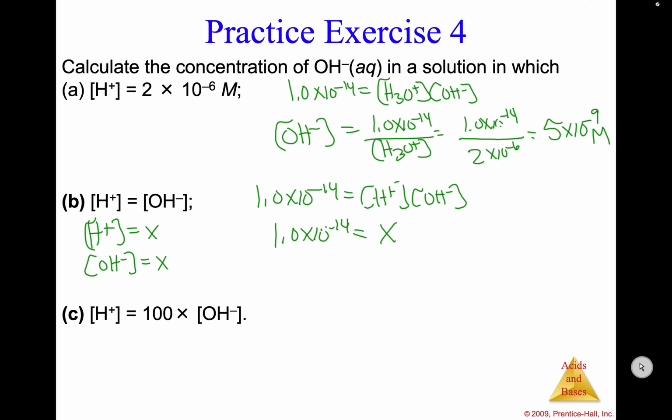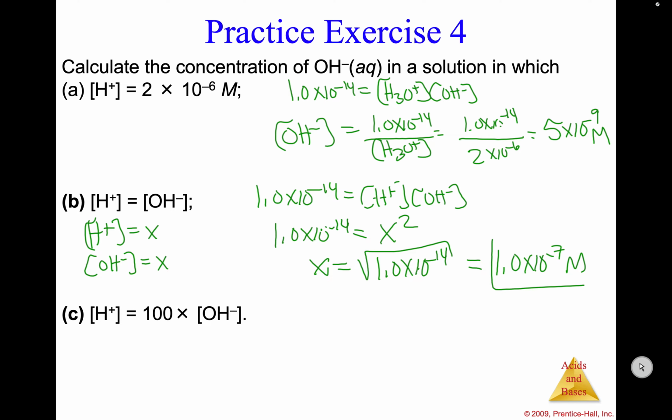How do I solve for X? And what does that give us? So that would be the molarity of my hydronium. It's also the molarity of my hydroxide for a neutral solution.